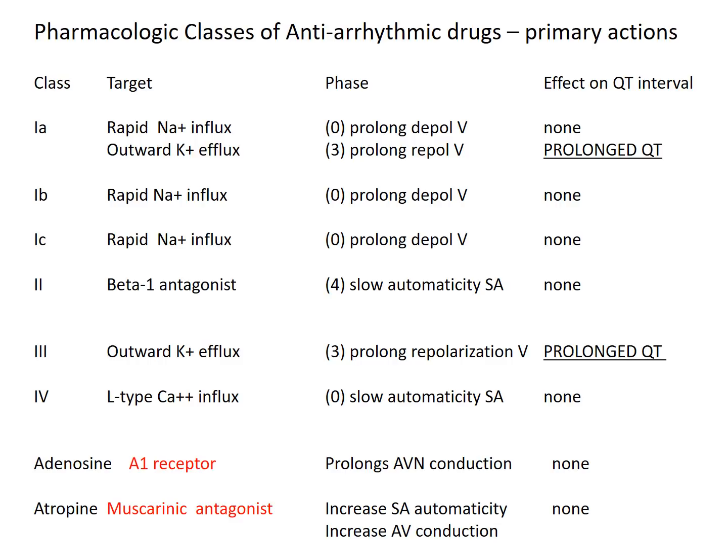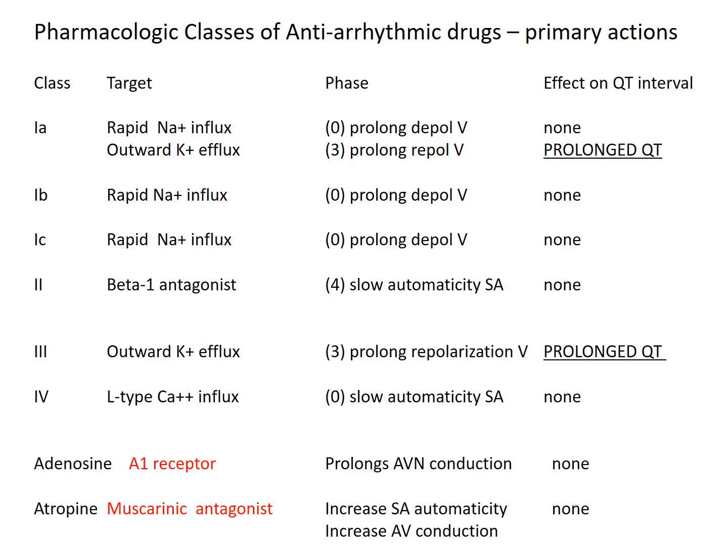Now a little bit of fun. Let's talk about the antiarrhythmic drugs and where they work. Again, really briefly, just to show you the importance of ion channels and how that works with the drugs. Antiarrhythmic drugs can be put into one of 4 classes, class 1, 2, 3, and 4.